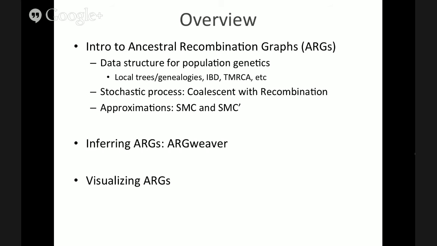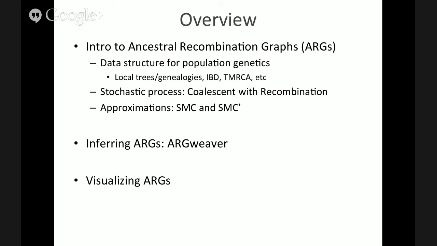And so more recent approximations that view the ARG in a sequential way and also with the Markovian assumption, that's what SMC stands for, Sequential Markovian Coalescent, have been quite powerful, and they underlie a lot of recent work in terms of inference and simulating very large, realistic sequences.